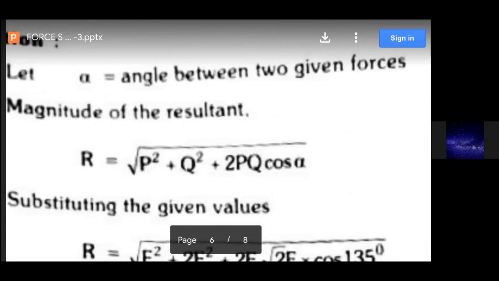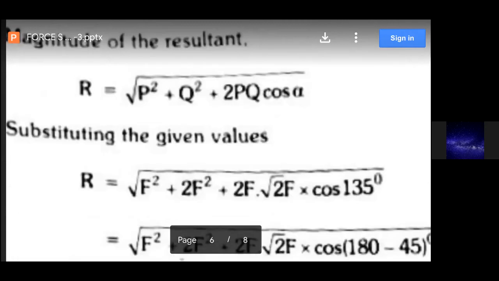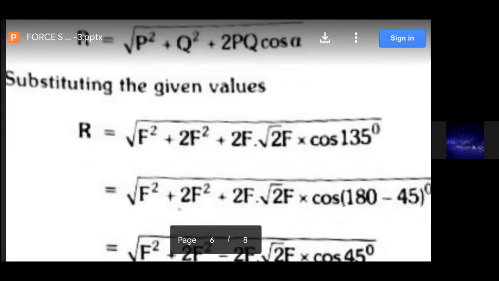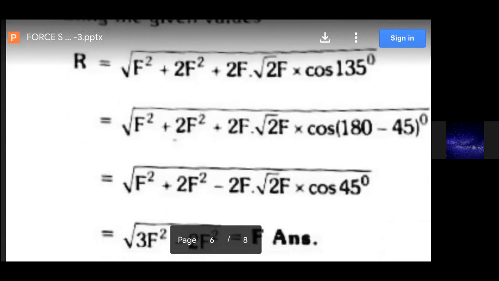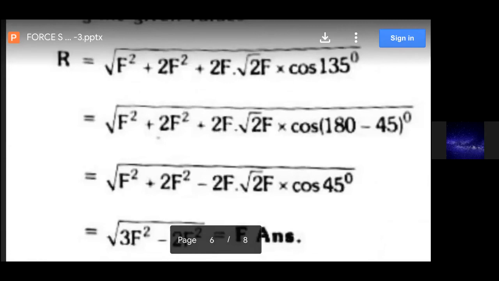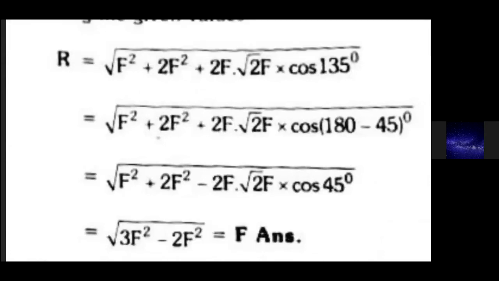According to the formula method, magnitude of the resultant R equals under root P square plus Q square plus 2PQ cos alpha. Substituting, that is under root F square plus 2F square plus 2 into F into root 2 F into cos 135.